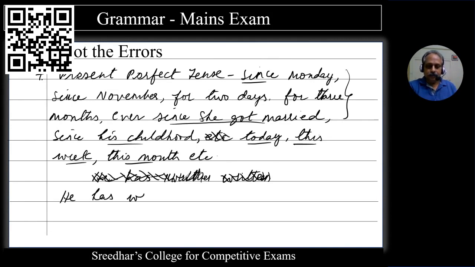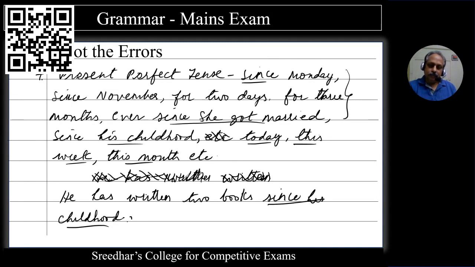He has written 2 books since his childhood. Here, since his childhood is correct, and we have to use present perfect. So this is also correct. He has written 2 books since his childhood.